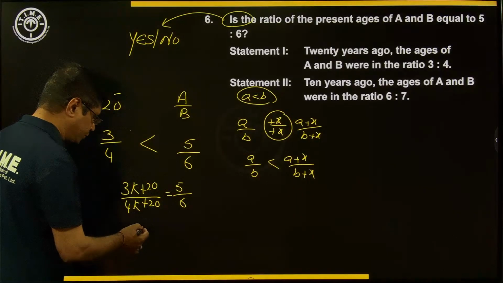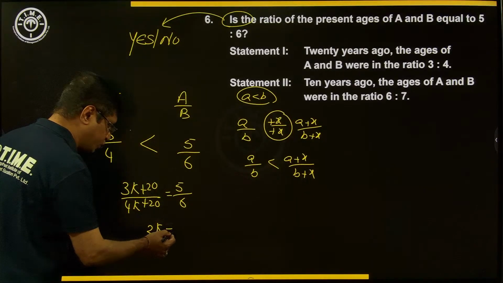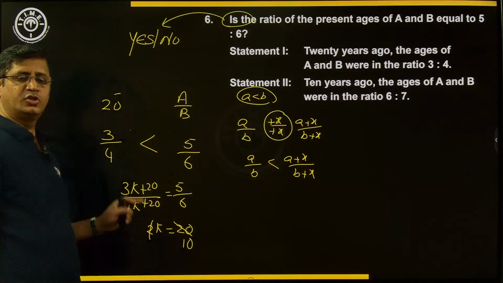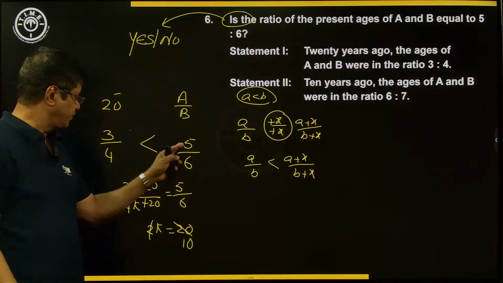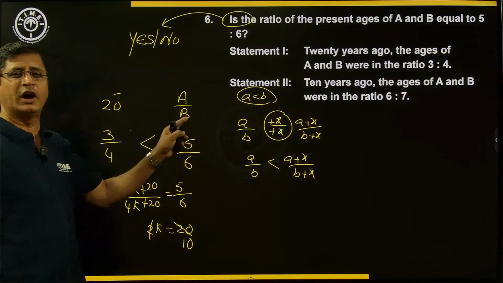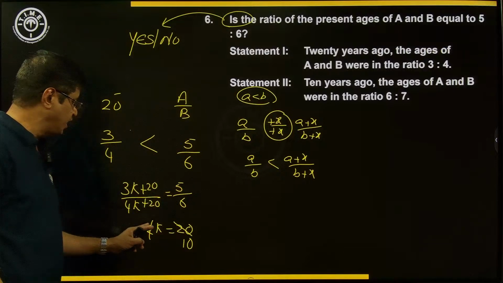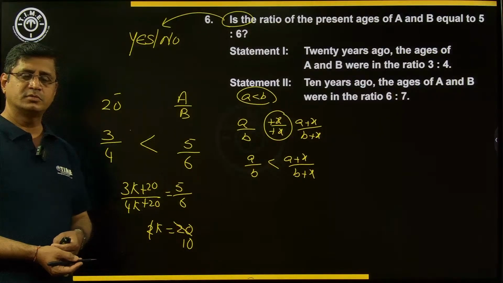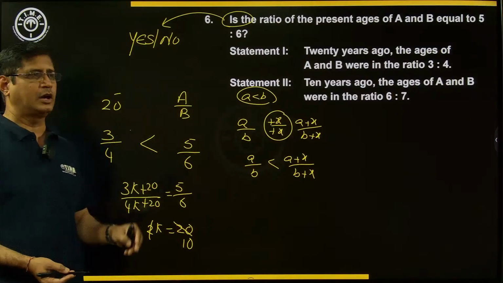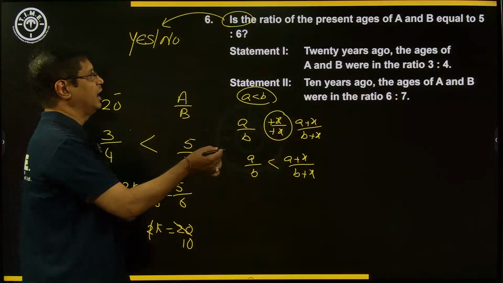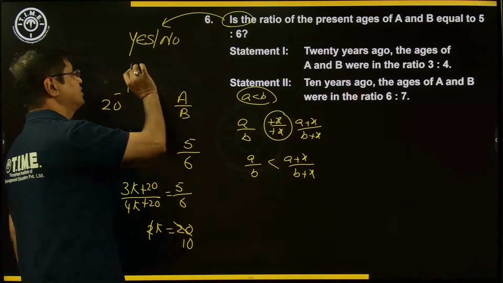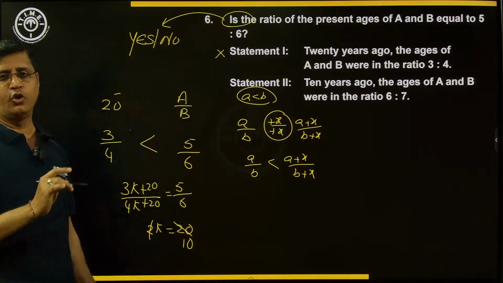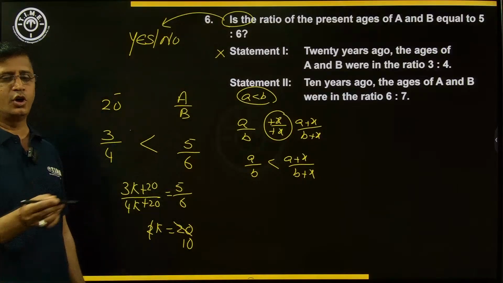Simplify, doing cross multiplication, 2k is equal to 20 and k is equal to 10. 3 by 4 will become 5 by 6 when the value of k is equal to 10 only. What about the other values? More or less than 5 by 6 means it may be, may not be. Yes or no, we are not able to say either yes or no by using statement 1. So first one is ruled out.